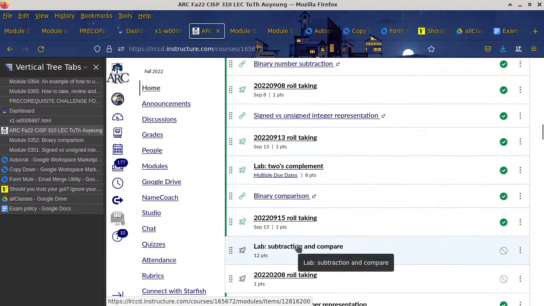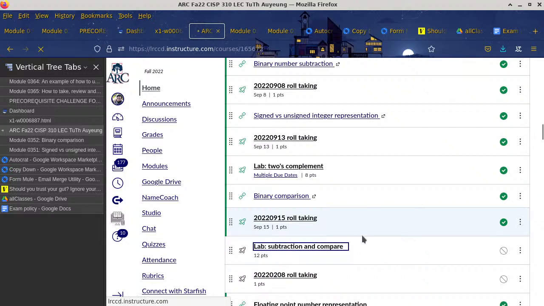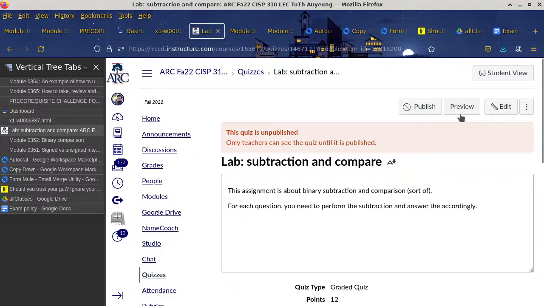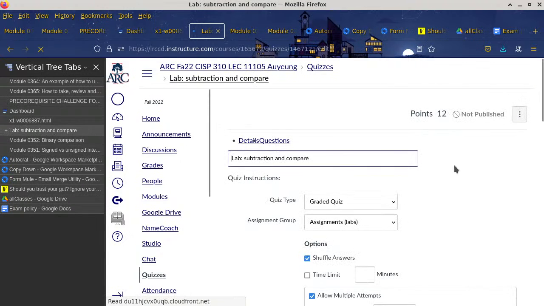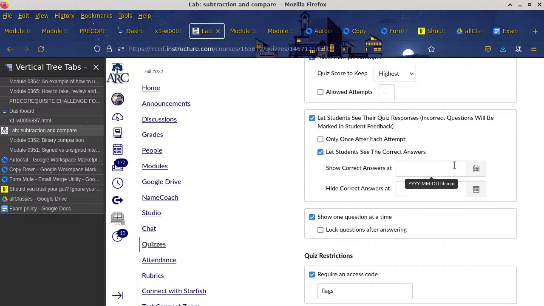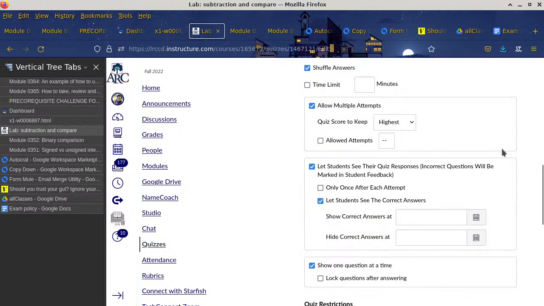All right, so the lab is called subtraction and compare, which will be right below the roll-taking activity. So I will give you the access code. The access code is flags. It's on the whiteboard already, but I will show you again.